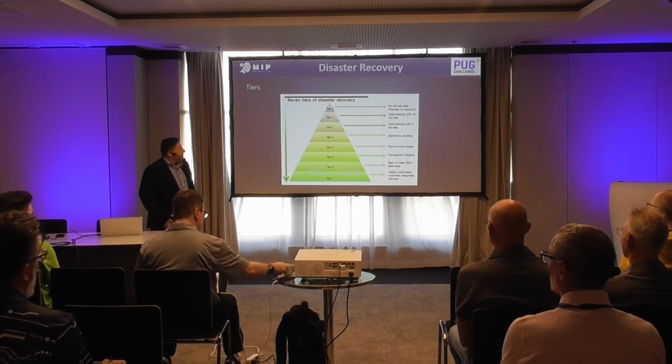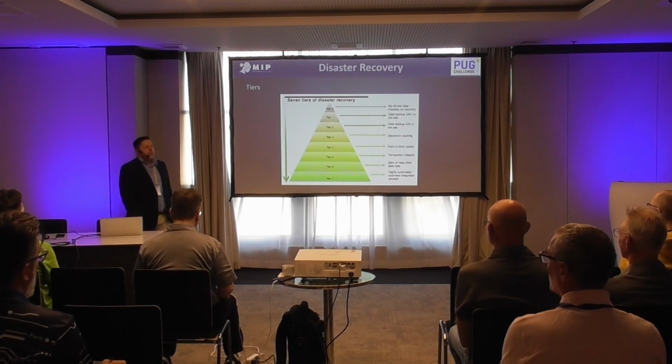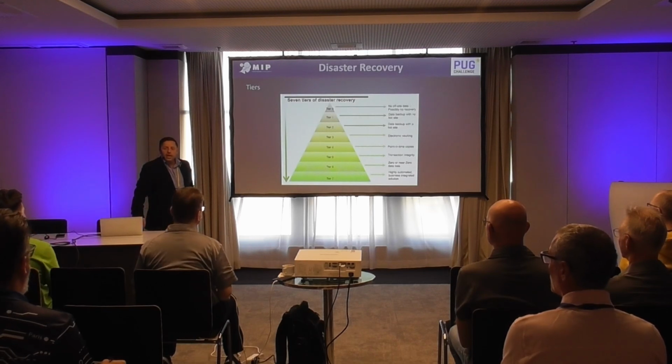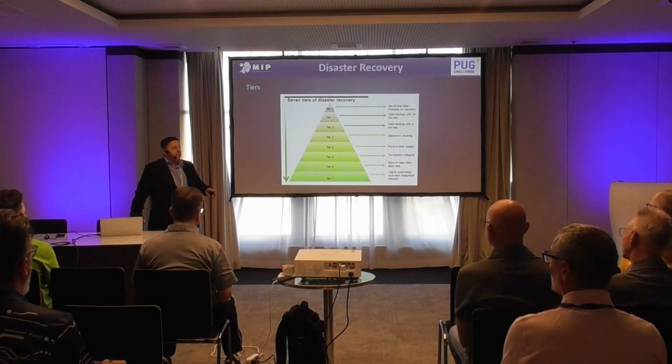Tier 7 is one of those where you really need to fully understand what you're doing. That's where you fully automate replication, transitioning and so on. And we don't want a system to decide at certain points to just quickly switch, because there are scenarios where your network drops for a second and now the system takes over. So we prefer to stop at level 6, where we make that final decision if a disaster happens, if we will throw the switch.